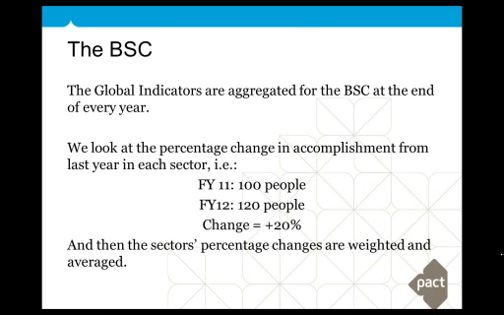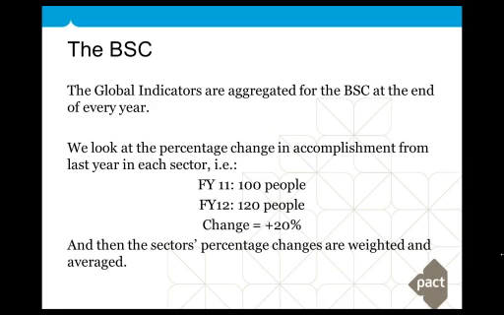It's also something that we used in the balanced scorecard, and last year was the first year where we had to grapple with how to actually summarize the global indicator data into one number for the balanced scorecard, so it could be green, yellow, or red. The way we ended up deciding to do this is looking at percentage change in accomplishment from last year in each sector.